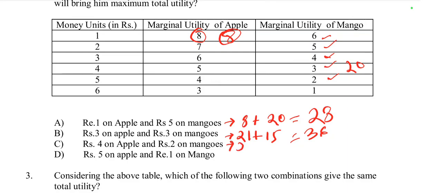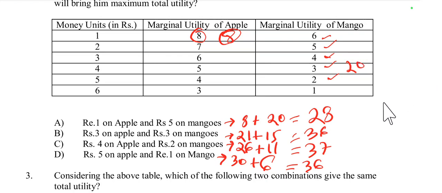Then 2 on mangoes: 6 plus 5 is equal to 11. 26 plus 11 is equal to 37. Then apple 5 and mango 1. Apple 5 means 8, 7, 6, 5, 4, total utility is 30, and mango's total utility for 1 is 6. So 30 plus 6 is equal to 36.